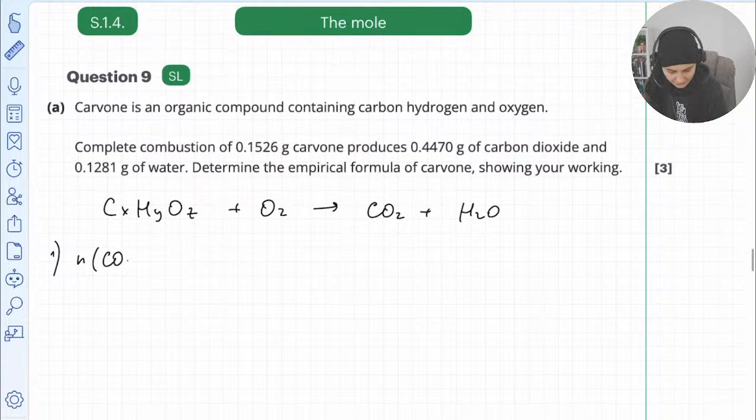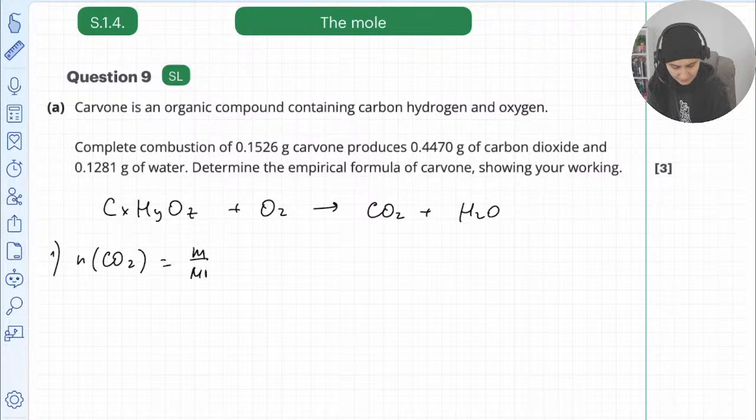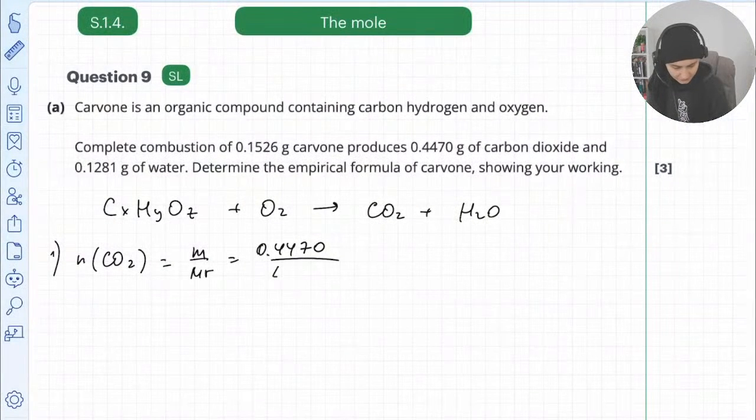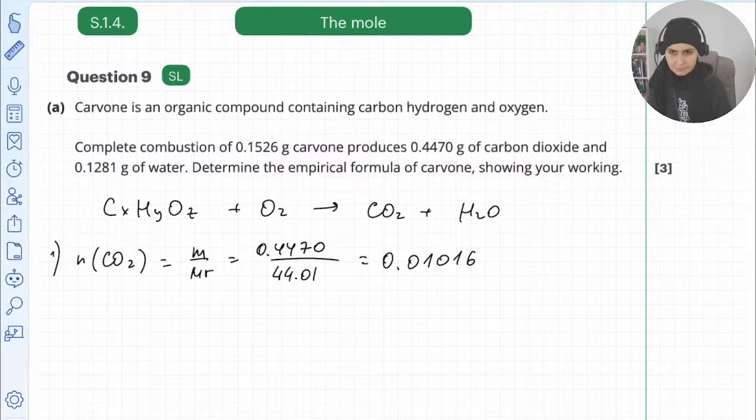Okay, so first I find the number of moles of CO2, so that's mass over Mr, which is 0.4470 divided by Mr of CO2, so that's 12.01 plus 16 times 2, so 44.01. 0.4470 over 44.01 gives me 0.01016 moles.